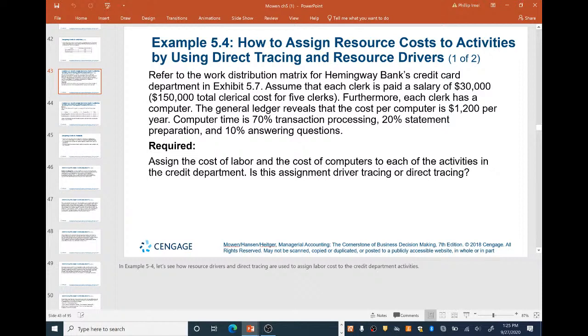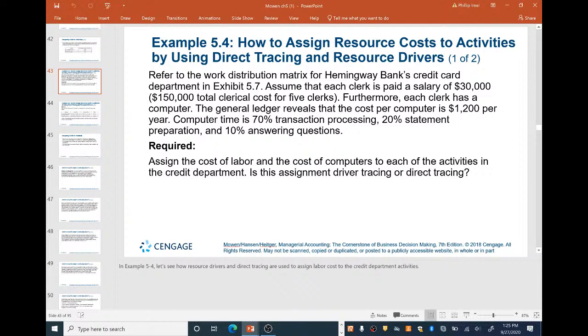So let's assume that each clerk is going to be paid a salary of $30,000. Okay, so we have 5 clerks, so we're going to have a total of $150,000 in net salary. So once again, $30,000 for each clerk. So 5 clerks at $30,000 each is $150,000 for total clerical costs.